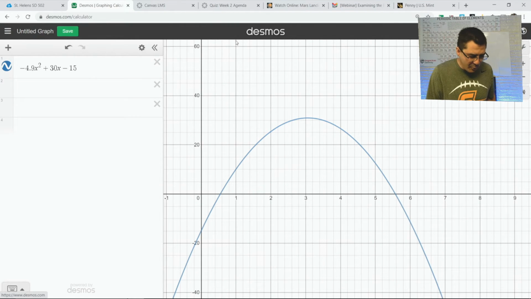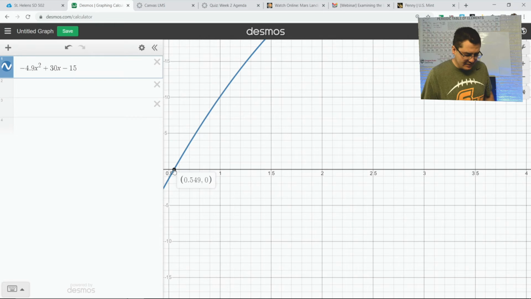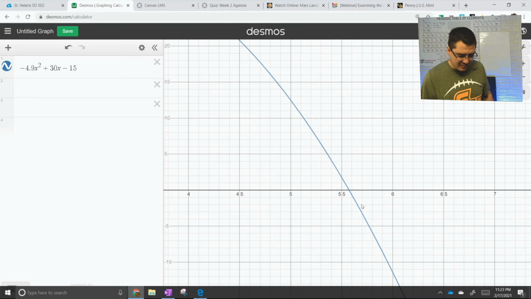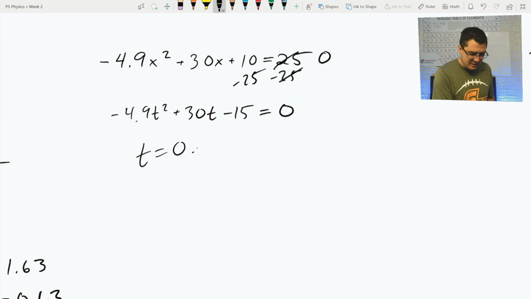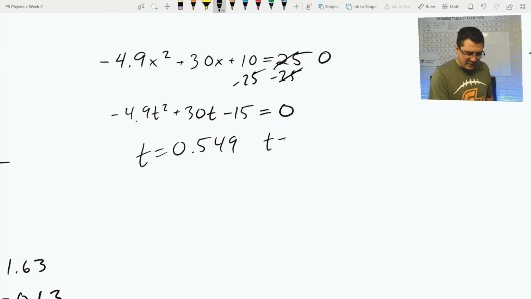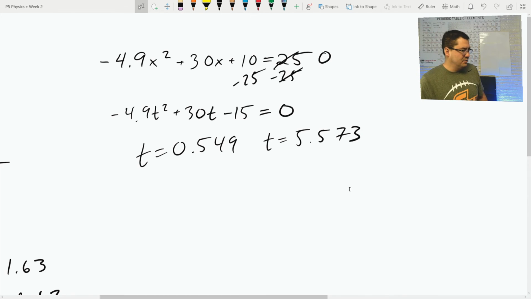So in this case, I get a root, or a 0, at 0.549, and another one at, so let's see, t equals 0.549 and t equals 5.573. All right, so there's the two solutions. Again, two real solutions that cross the x-axis.